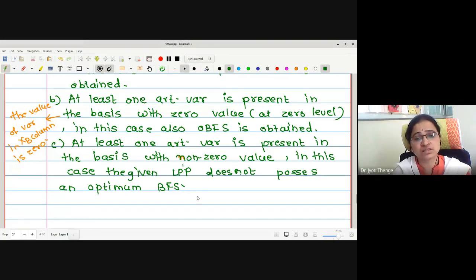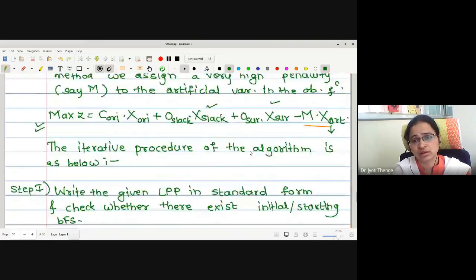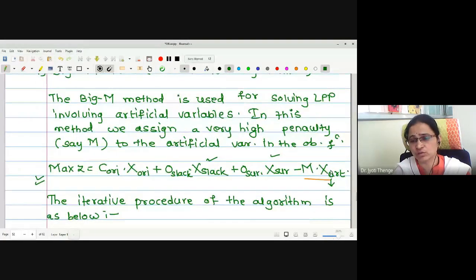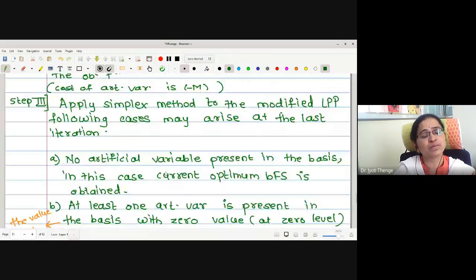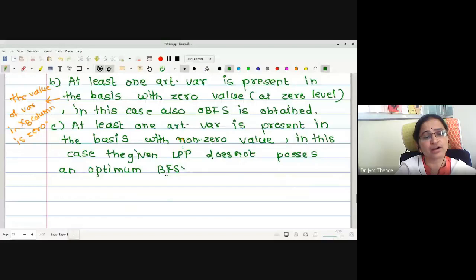Suppose x takes a positive value, some 2. Then 2 into minus M will be minus 2M, and this minus 2M is going to play a role in the objective function. Therefore, we do not have a guarantee whether the value of the objective function is going to be real or not. Therefore, in the third case, the problem will not have any optimum basic feasible solution.